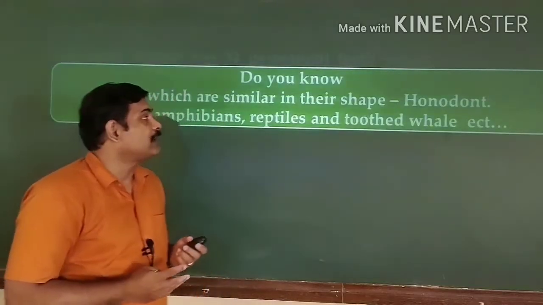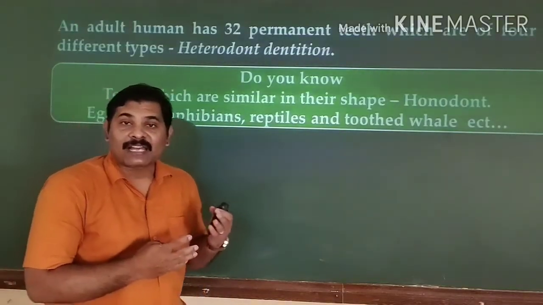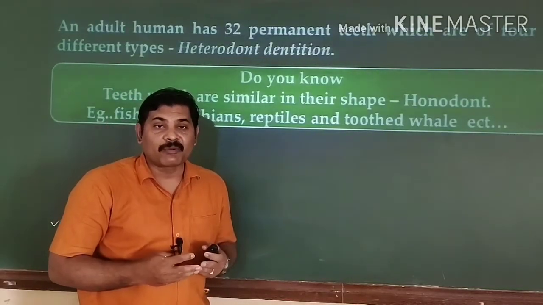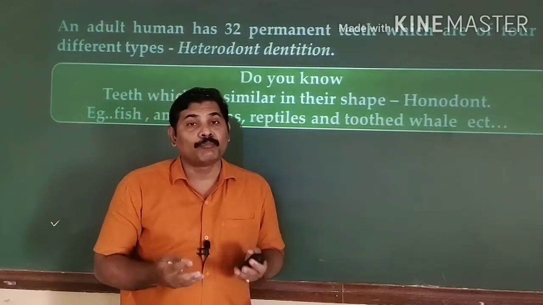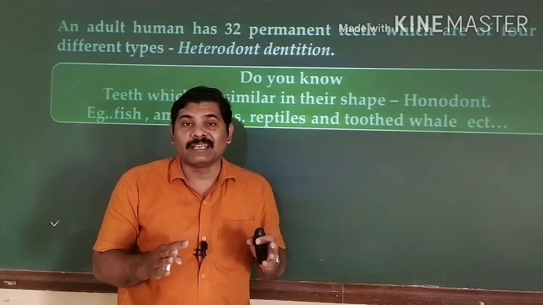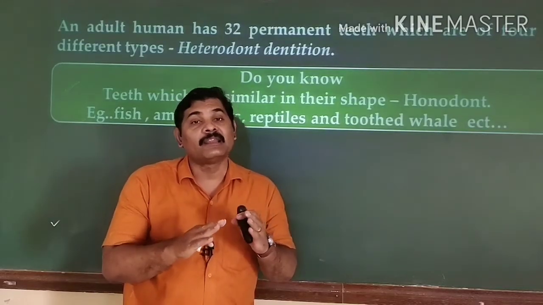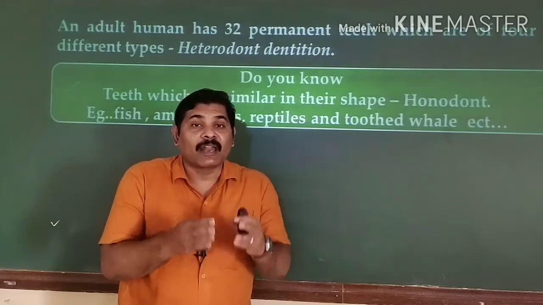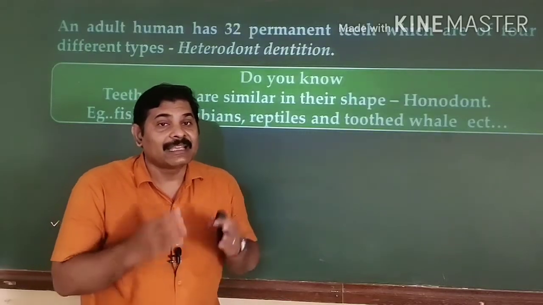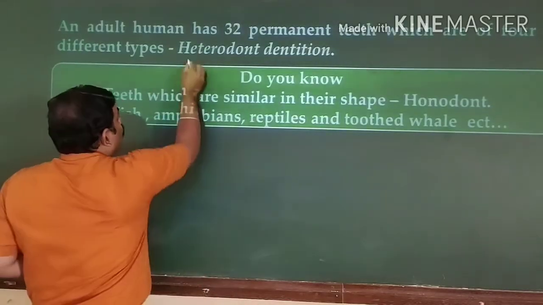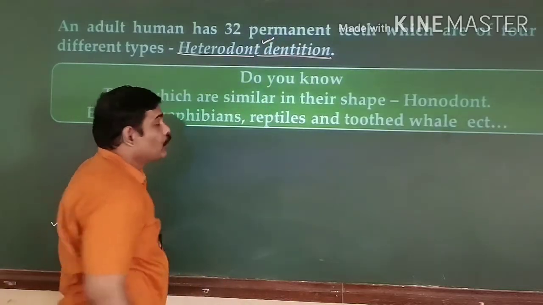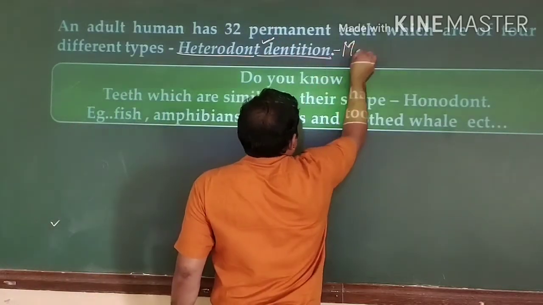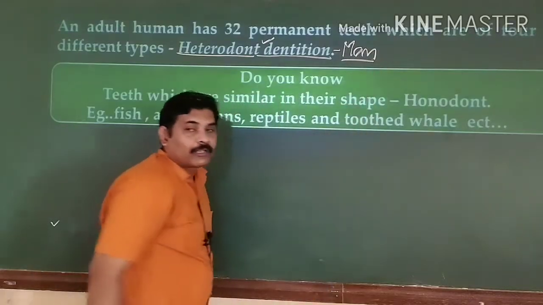Incisors are chisel shaped, whereas the canine is dagger shaped, and premolars and molars also differ in their shape. So having a variety of shaped teeth is known as heterodont dentition. Human beings are the best example for this heterodont dentition.